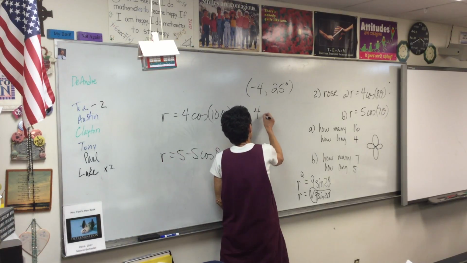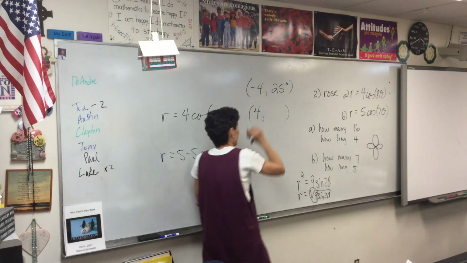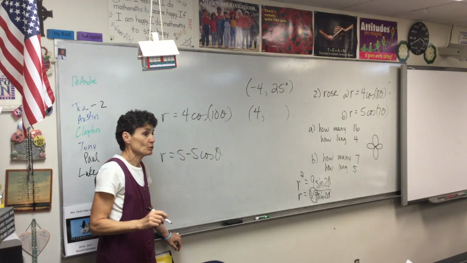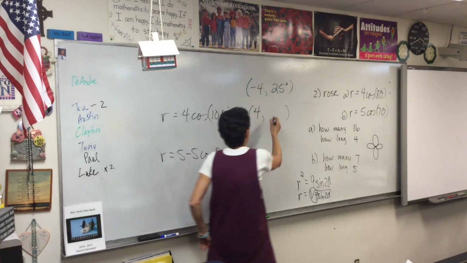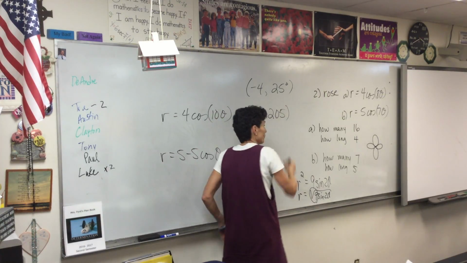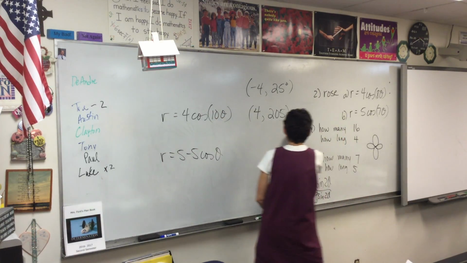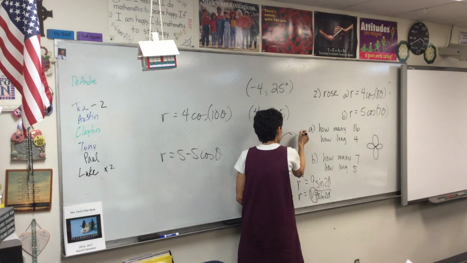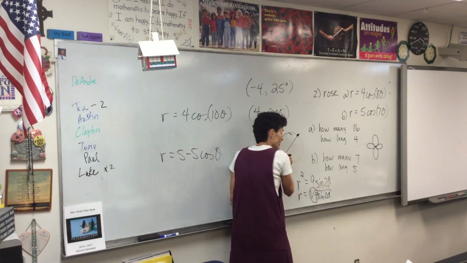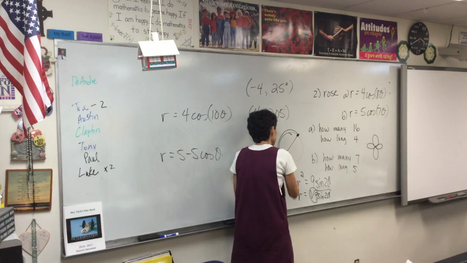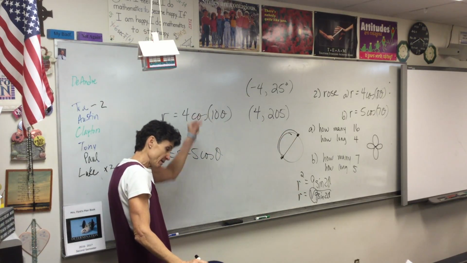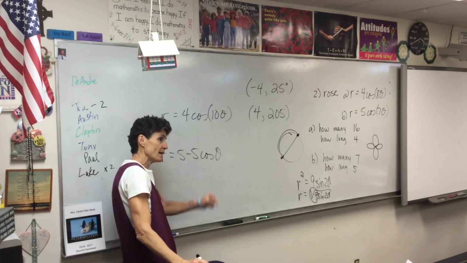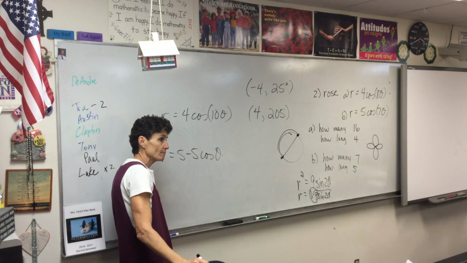And if you flip it, what angle will you flip it to? 205. And why do we flip it to 205? Because when we flip it from here to here, how many degrees is that? 180. So 25 plus 180 would put me at 205.